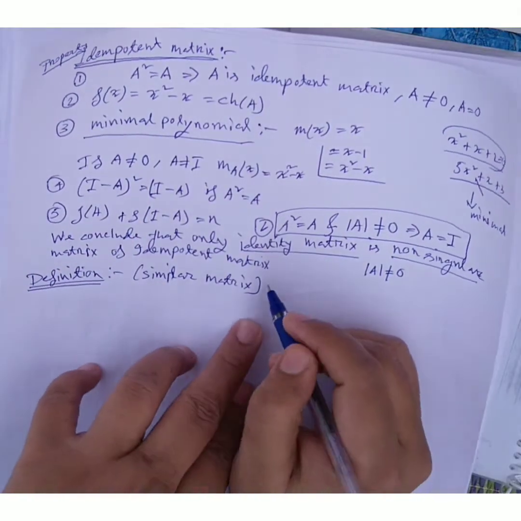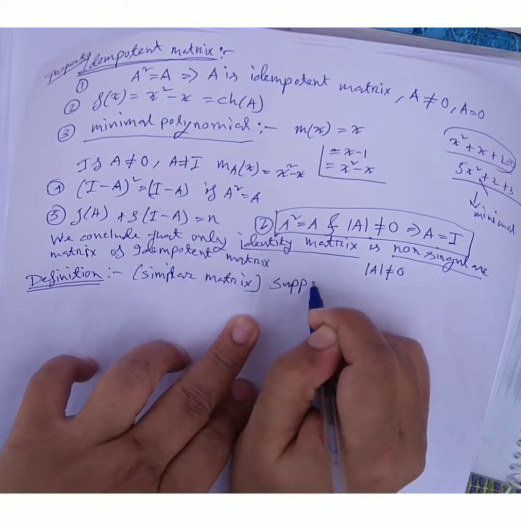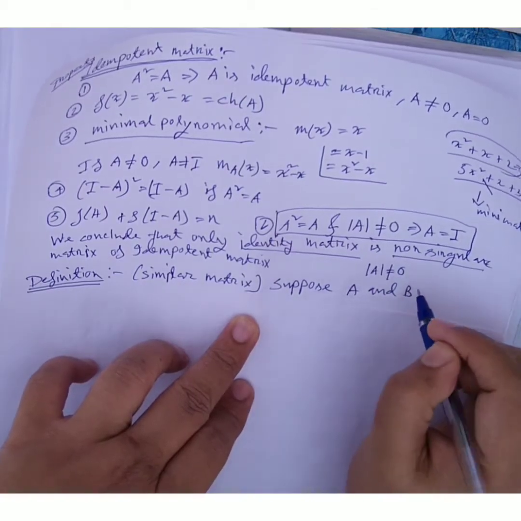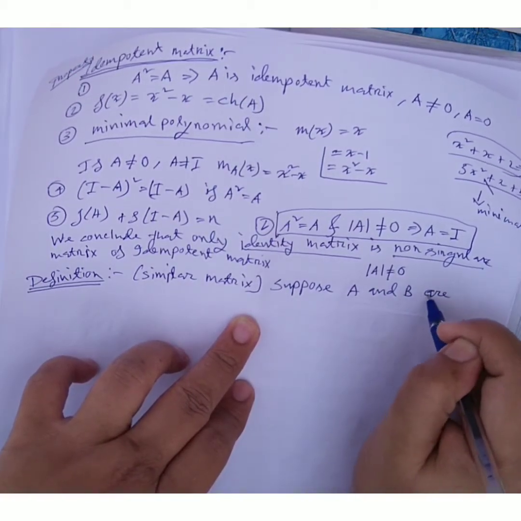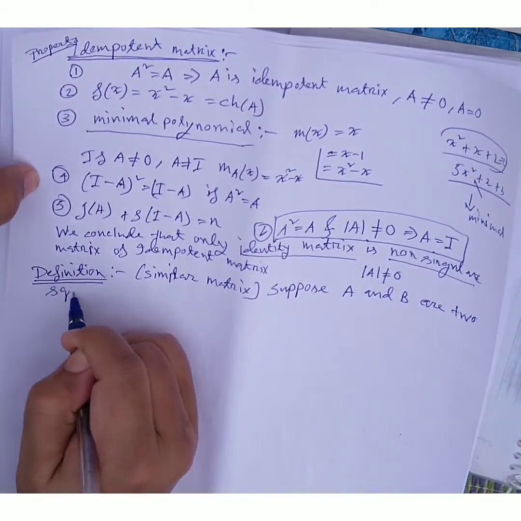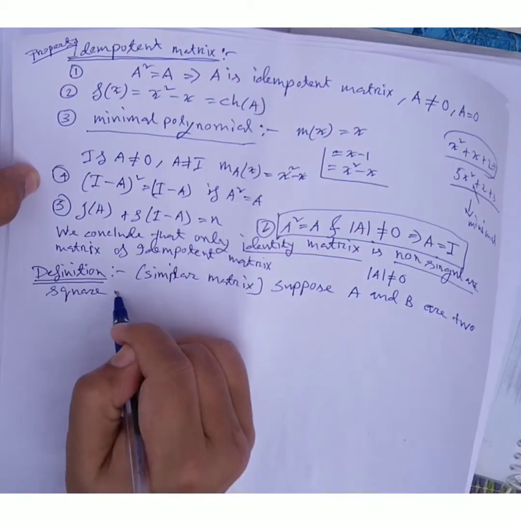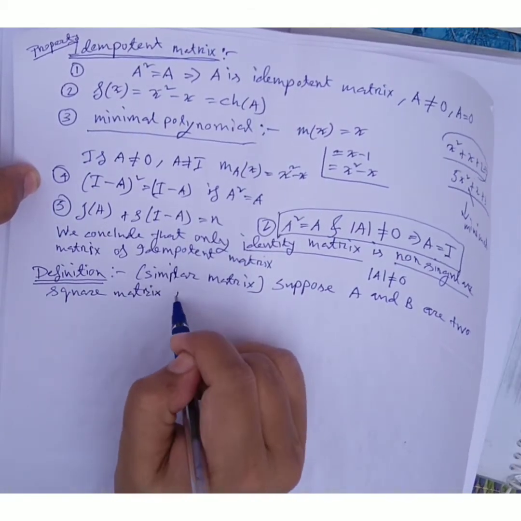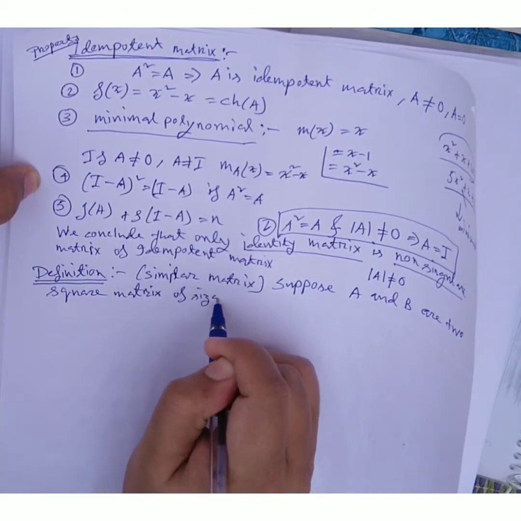Similar matrix: suppose A and B are two square matrices of size n.